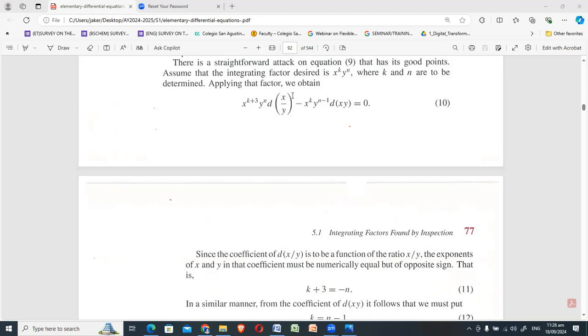So it should be positive. Your y is in the denominator, so it should be negative. So you see this equation 11, your k plus 3 is equal to negative n. They have to be equal for you to be able to use power rule. You use power rule such that you will see here an x over y as well. So k plus 3 should be the negative of n. But they should be equal. So you see this? They should be equal.